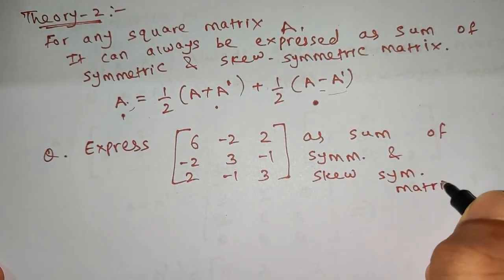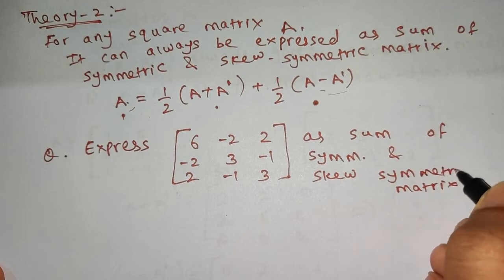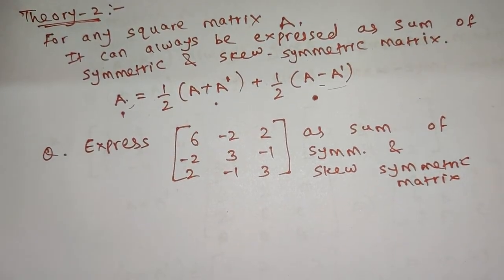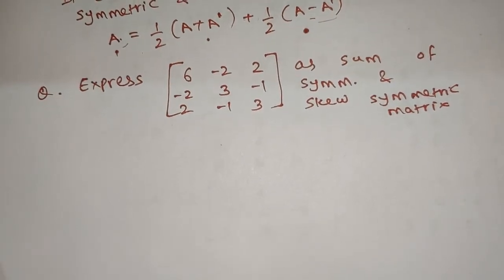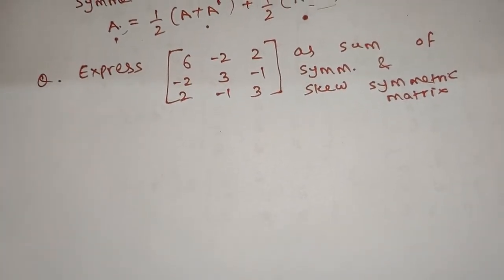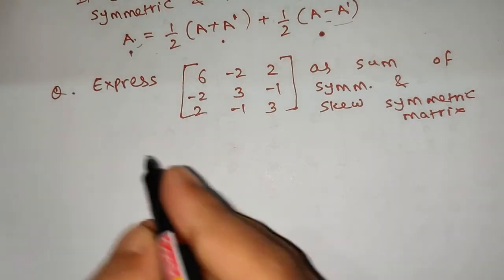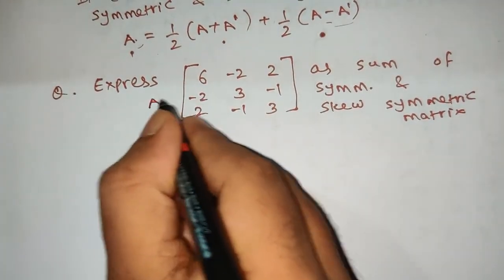So you have to express the given matrix as a sum of symmetric and skew symmetric matrix.